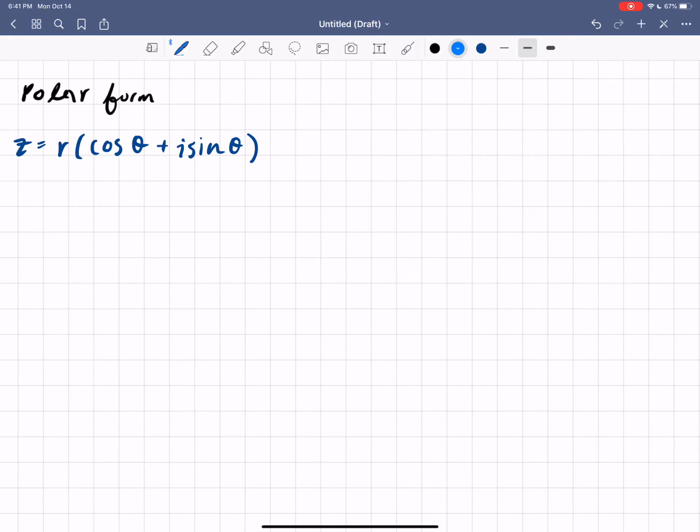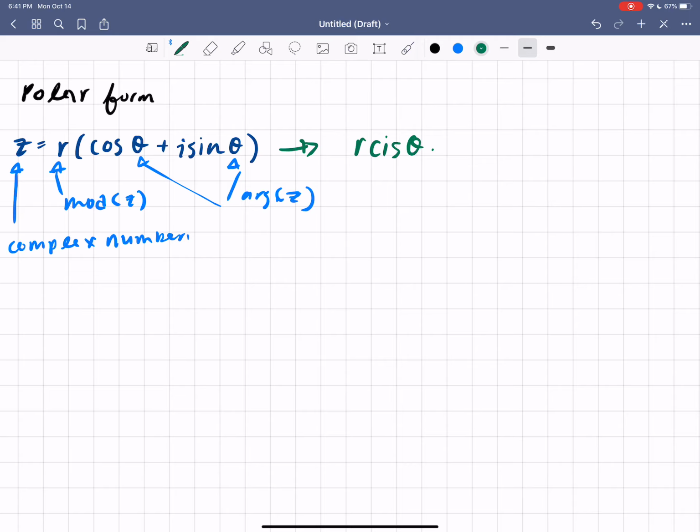So theta is your argument, and r is your modulus. And then z is the complex number you're expressing. Sometimes you'll also see the shorthand notation of polar form written as r cis theta. It's pretty much the same thing.